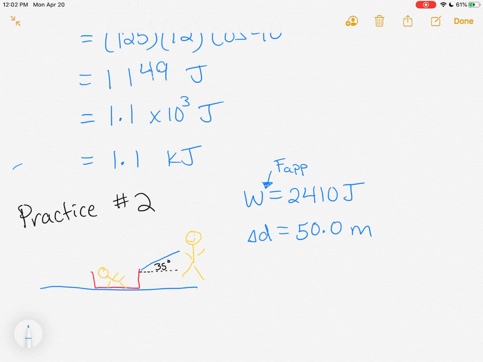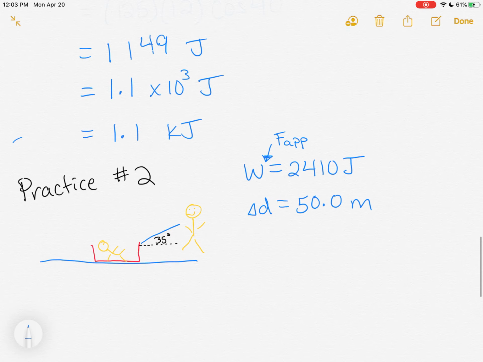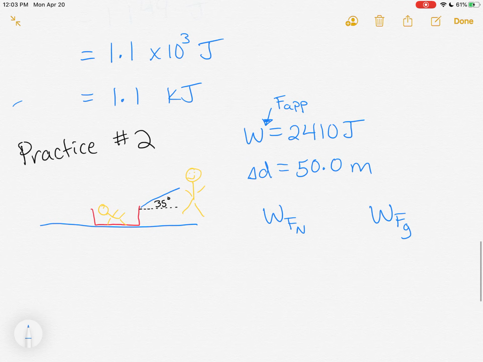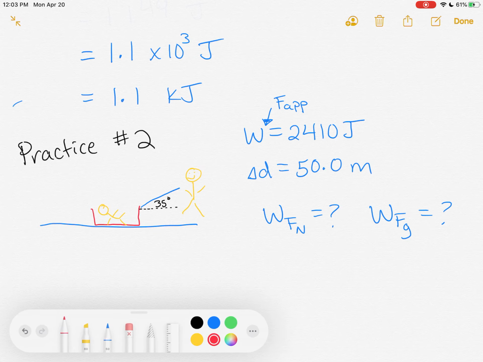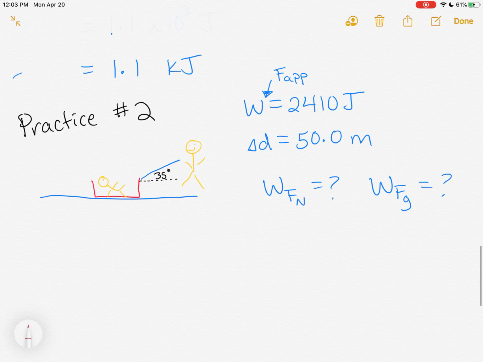And so this is the work that's done by the father by pulling the toboggan. So we're going to determine the work done on the toboggan by the normal force and by the force of gravity. Okay, so here we're looking for the work for our normal force, and we're looking for the work for our force of gravity. Okay, so we don't have either of those, and we're looking to find both of those.